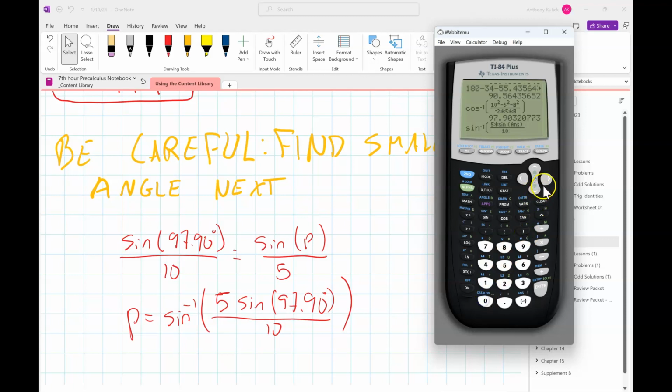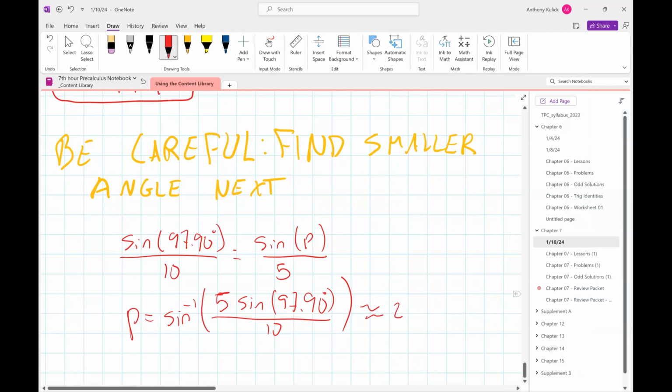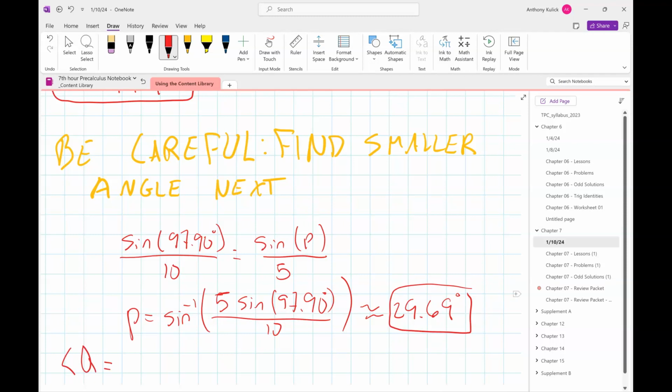Notice that I use the ANS command there to get the 97.90. So I have 29.69. And then angle Q, how am I going to find that?